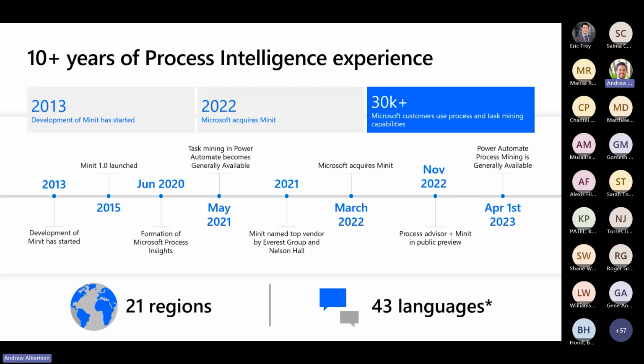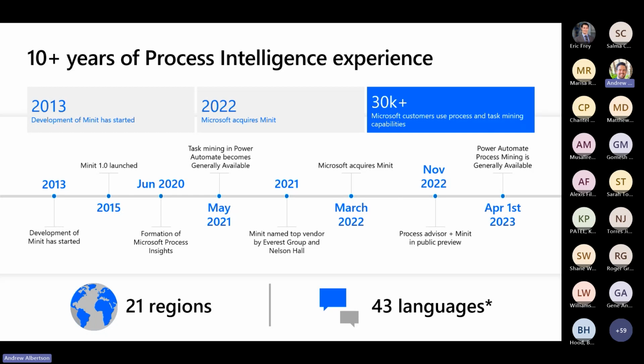Because we've changed the name, let's actually go back and talk a little bit about how this product came to be. As you can see, in March of 2022, Microsoft acquired a company called Minit. And you're going to see today the maturity of that acquisition, the product that we're going to call Process Mining here today. But that's not a new product as a life cycle since 2022.